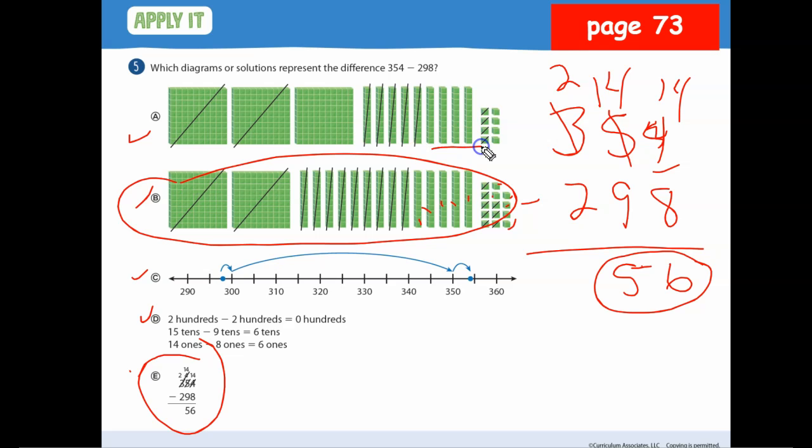Not A, because A only has 4 tens. I need 5 tens. And I'm not sure about that one. It says I have 298 right here. Then I went to 200. Then I jumped to 350, and then plus 4 more. So I guess that would work. It just tells you how you jumped. Okay. But B and E for sure.